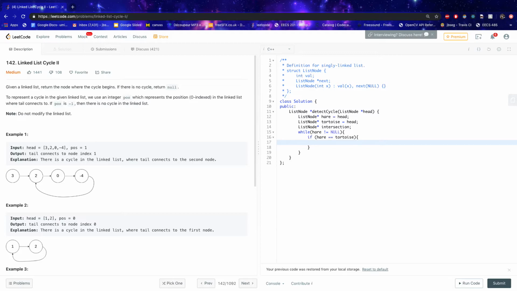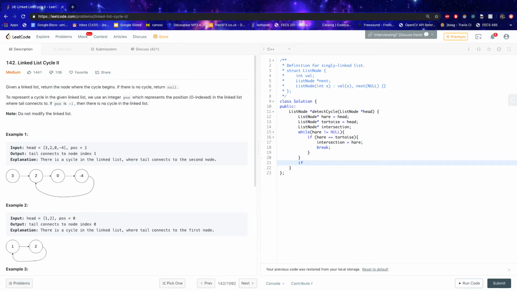So if they're equal, set intersection to be pair. Oh, you know what we could do? No, we can just do it here. I don't care. So intersection equals pair or whatever, and then break. And then we also should check if, or that's it.